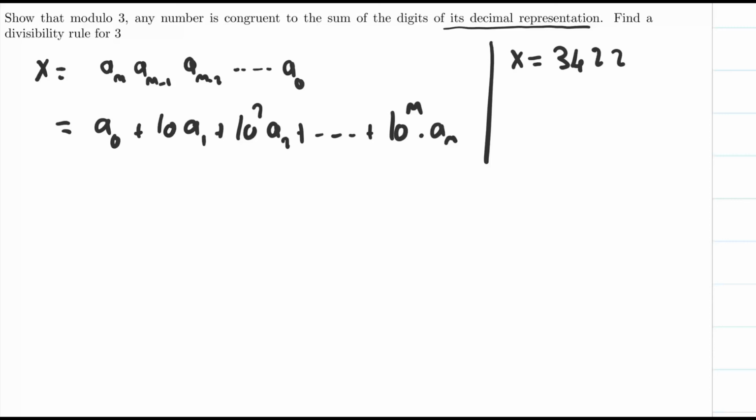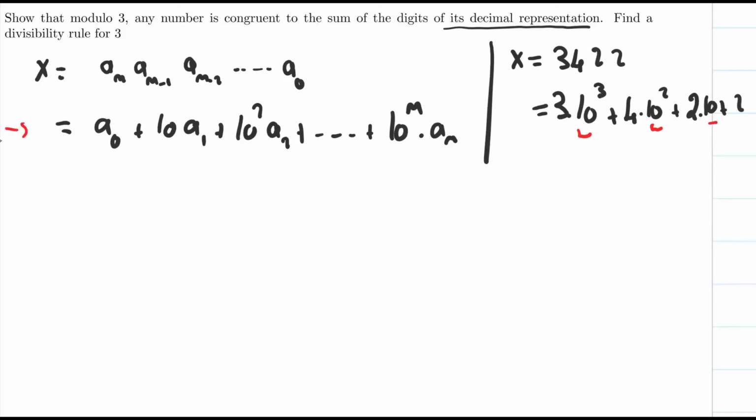I understand by this that x is 3 times 1000 plus 4 times 100, which is 10 to the 2, plus 2 times 10, plus 2. That's what I mean by decimal representation. Those are the powers of 10 which appear here. And this holds for any x.